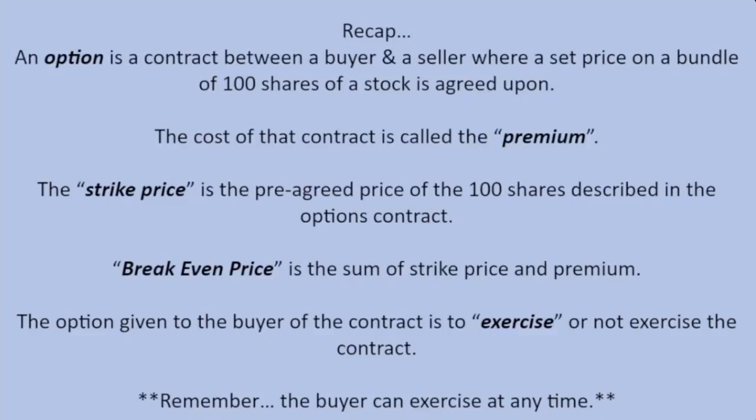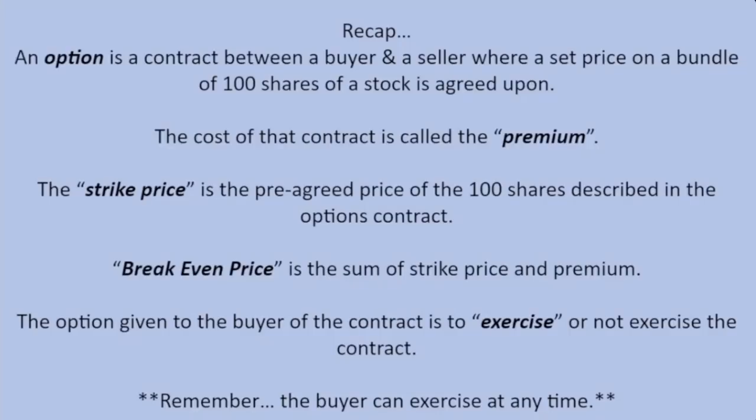An option is a contract between a buyer and a seller at a set price for a bundle of 100 shares of a stock at an agreed upon price. So that's what an option is. It's a contract to buy a bundle of shares at a set price, not at that moment, but down the road.